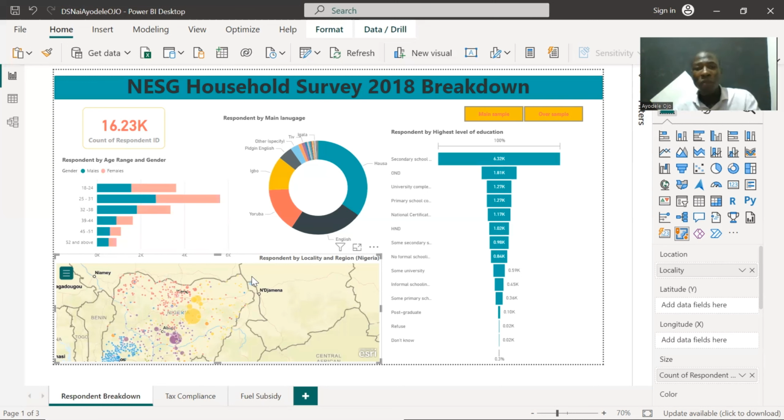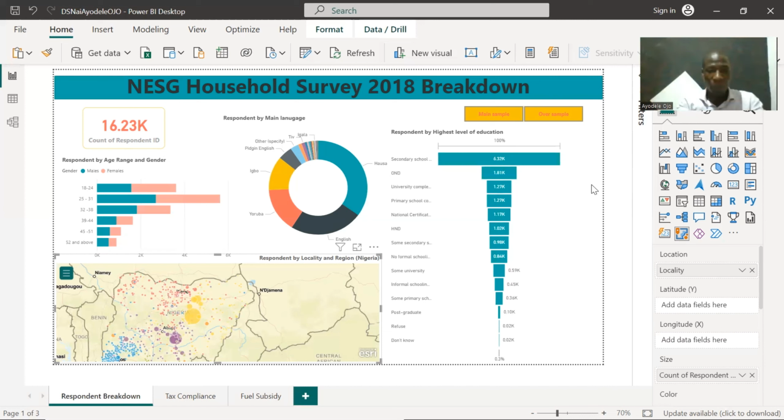We also have a visualization for the language, and we can see that most of the respondents mostly speak Hausa. Then we saw the highest level of education for the respondents, and although it's not too good, the highest level of education for the majority of them was secondary school, that is, they only completed secondary school.